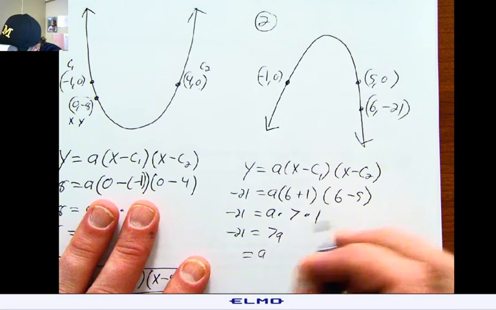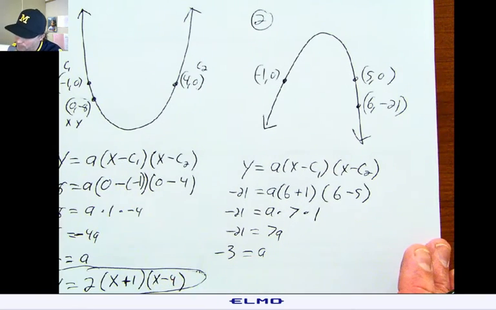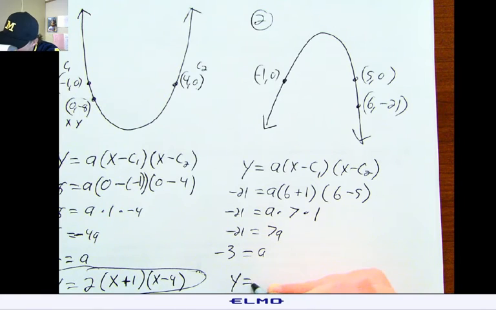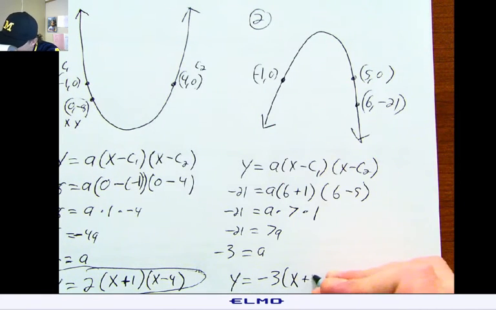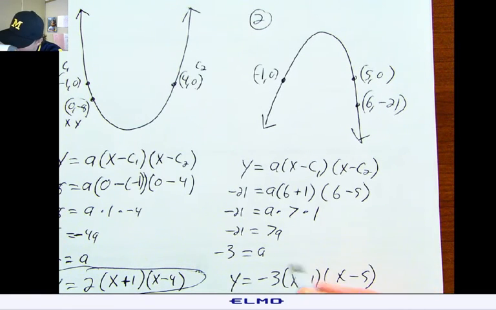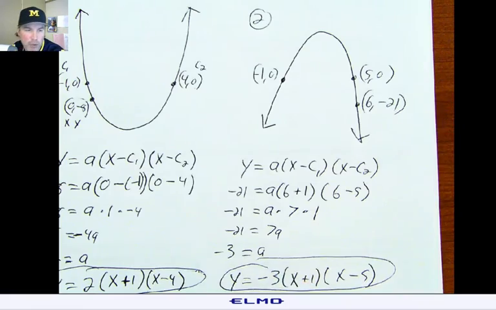When I divide by 7, I get -3. So my final answer for factored form is -3 times x plus 1 and x minus 5. That's my factored form equation.